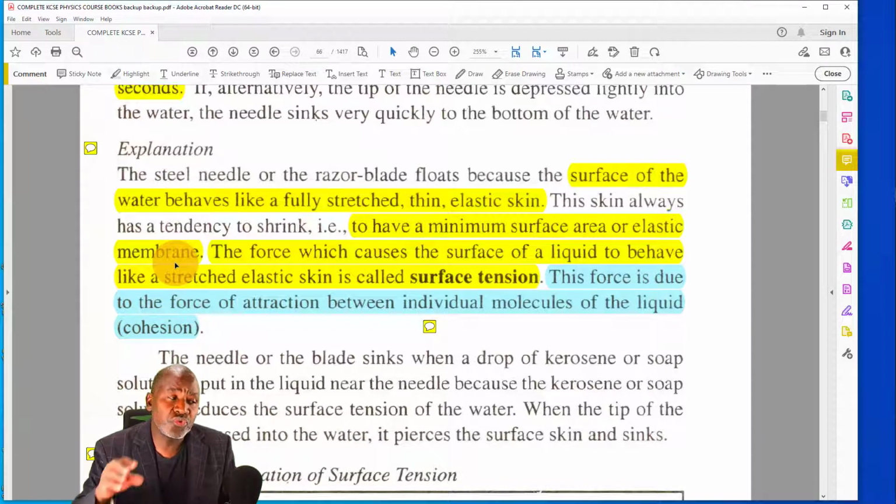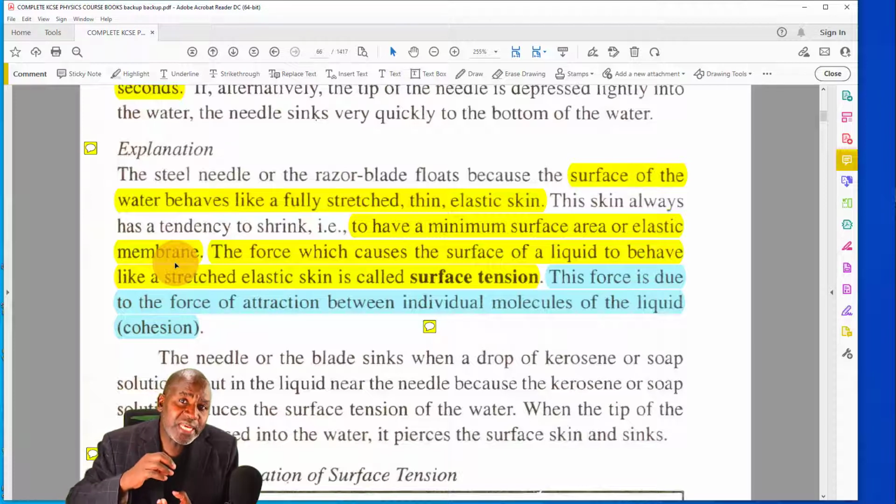It wants to have the smallest surface area. And that is why liquids always form drops. They form drops because a large volume of the liquid can be contained in a spherical shape as compared to any other shape.